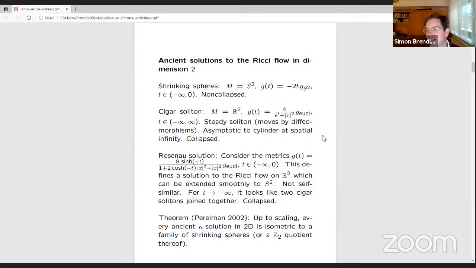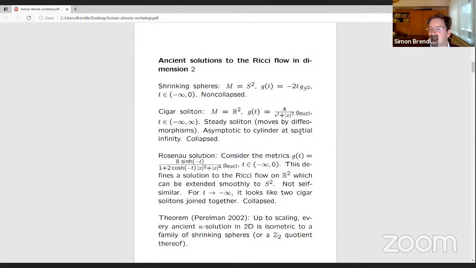Now you can just plug that into the equation, and it turns out this is a solution. And it's also quite easy to see that e to the t doesn't really change the geometry. So for different values of t, these metrics are isometric to one another. And the diffeomorphism is basically a radial scaling by a factor which is given by e to the t over 2.